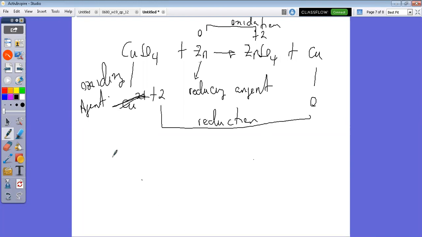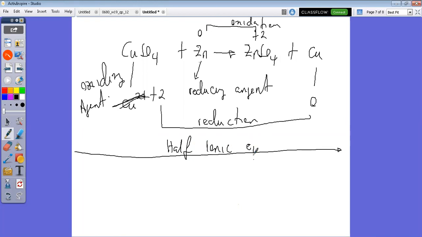Now let's introduce what we call half ionic equations. Think of this copper. What's happening to this copper?